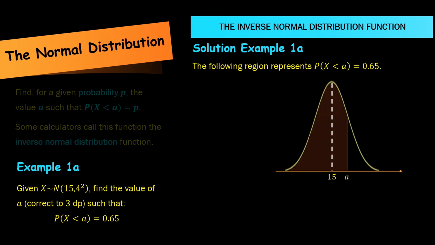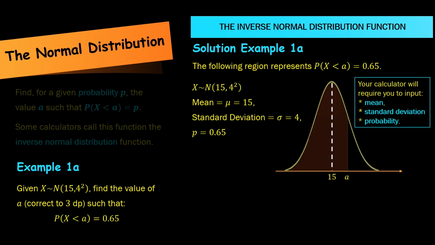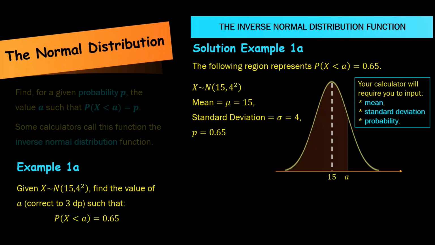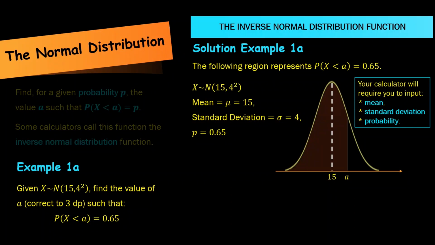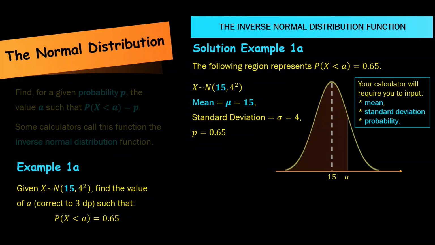The region on your screen represents the probability of x less than A equals 0.65. Your calculator will require you to input the mean, the standard deviation, and the probability. The mean is mu equals 15. Notice that it appears in the center of the diagram.